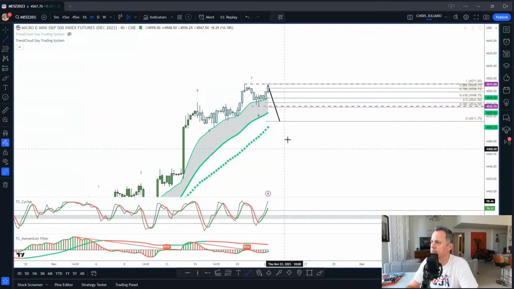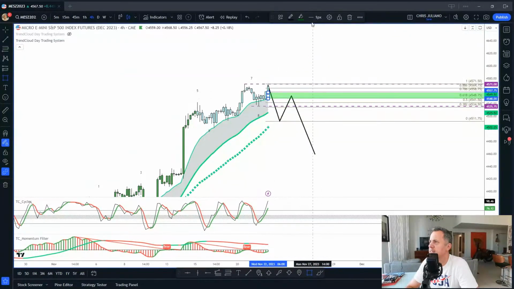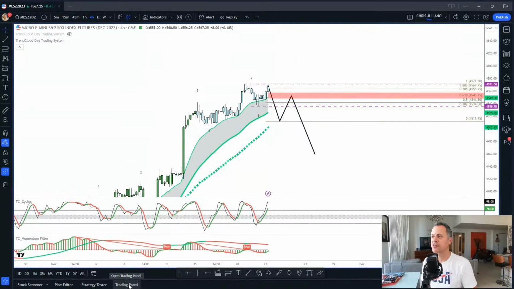What we're looking for is a retest up to that area for the move down. We could short this position right in between the 618 and 786 retracement level. I've done that a bunch of times and it works very well. I've seen that work over and over and over again. That is an aggressive trade.